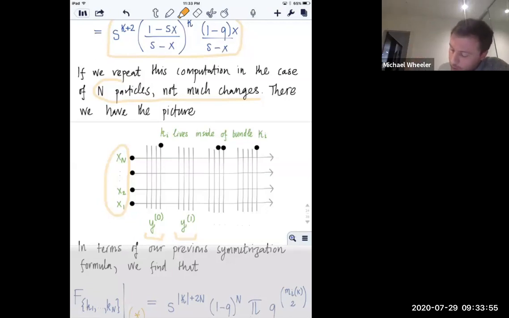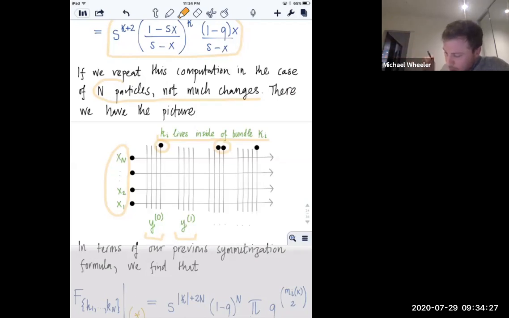And what we're going to say now is that k_i is actually living inside of the bundle capital K_i. And within that bundle, we assume that the particle is situated as far to the right as possible. So you see here, this thing is pushed all the way to the right edge. Here I actually have two particles that live in that particular bundle, and I also push them all the way to the edge of the bundle.